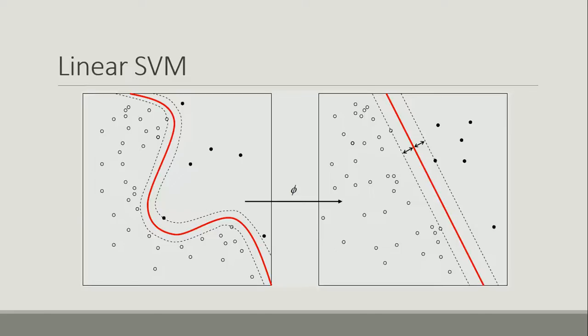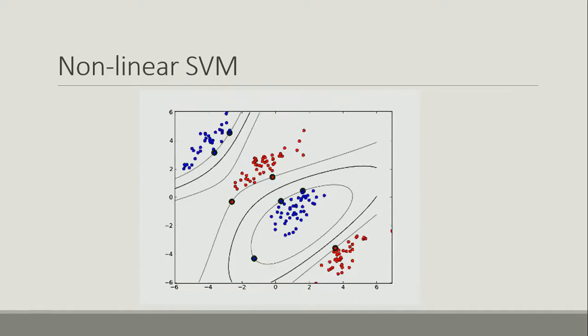So you may convert the data into a kind of data that can be divided by a linear SVM. The second type is non-linear SVM. Here the data is scattered into clusters, and even though you may convert them into linear SVM, you will have to use various functions phi, because one function phi would not divide them all. So we tend to use a kernel algorithm for dividing this kind of data.